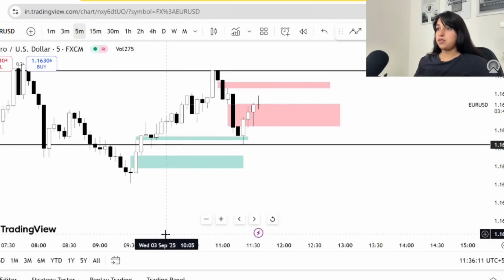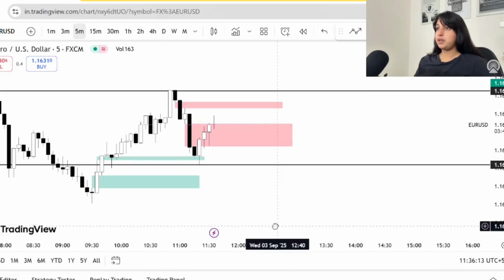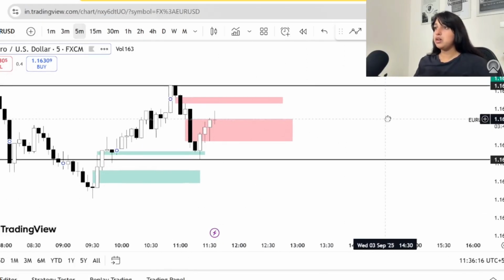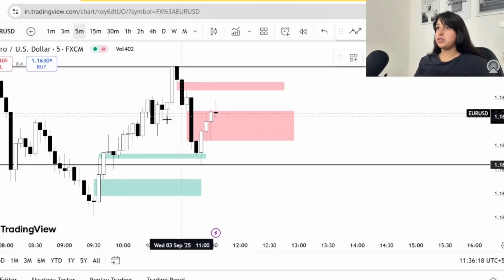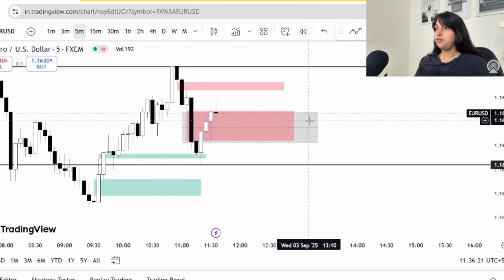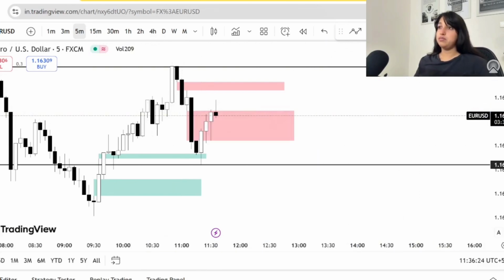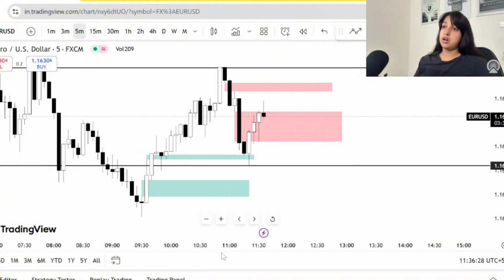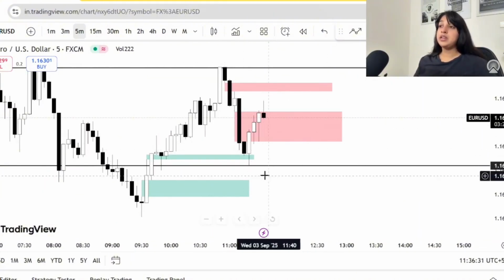Let's see the 5 minutes time frame. On the 5 minutes time frame, it has almost filled the bearish fair value gap right over here. It filled. That means we are possibly not bearish anymore. We could be bullish, because it rejected right from 61% from the 15 minutes time frame.